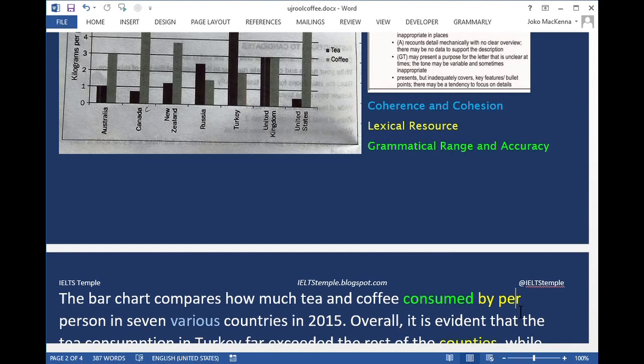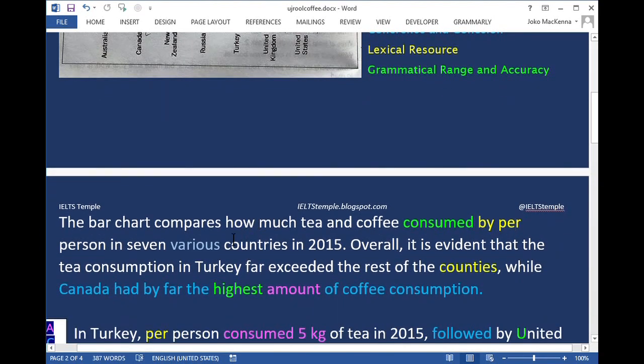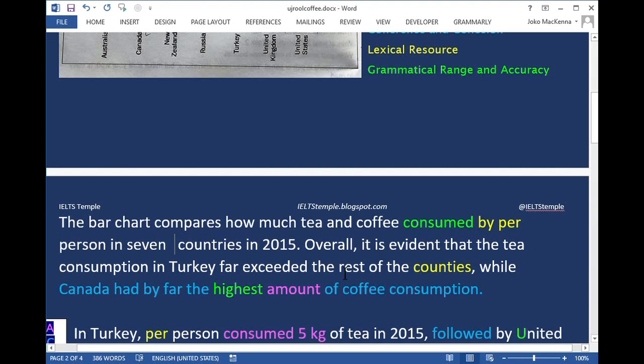The word per means by each. How many of this do we need per person or for each? So you can't combine it with by. I know you wanted to put by in there, but you missed the was consumed by each person or per person in 7 various countries in 2015. Do we need various? Nah. But since you've identified the number 7, you don't need various. Just go away.